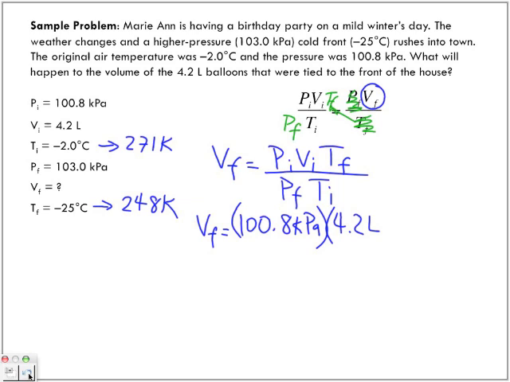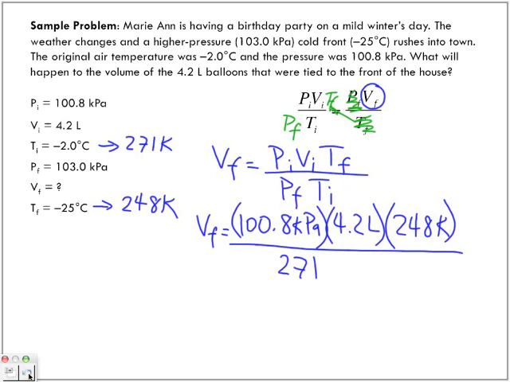Times 4.2 liters multiplied by 248 Kelvin divided by our final pressure, which was 103.0 kilopascals multiplied by 271 Kelvin.